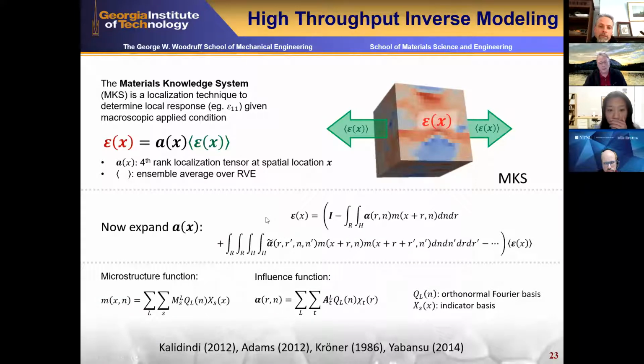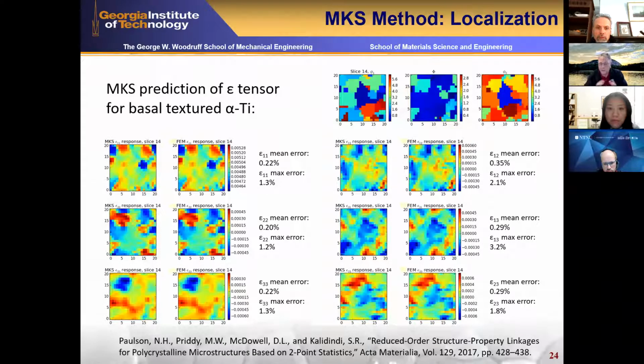I'll not spend much time on this, but suffice it to say that we use a microstructure function to incorporate the role of the orientation of phases, and an influence function is a pseudo Green's function approximation that's fit to finite element crystal plasticity results. And we use those together in order to achieve dramatic speed up.